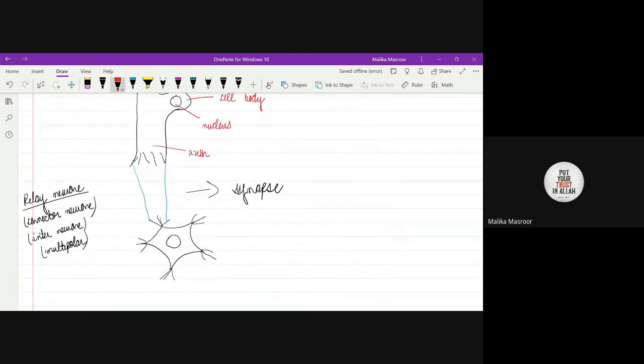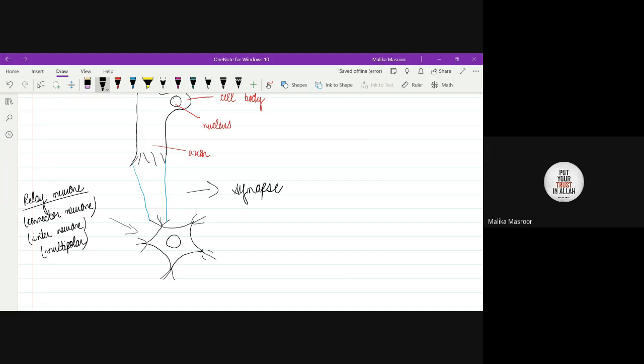This junction between one neuron and the other neuron is called a synapse. This is your relay neuron, and that is a sensory neuron. The relay is also called a connector neuron, interneuron, or multipolar neuron, but the main term used is relay neuron.